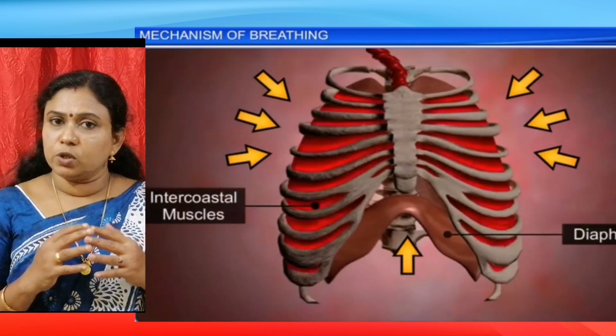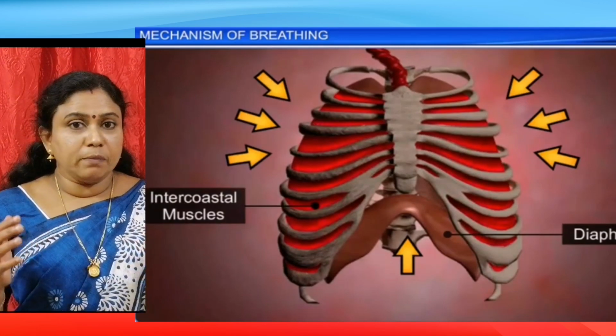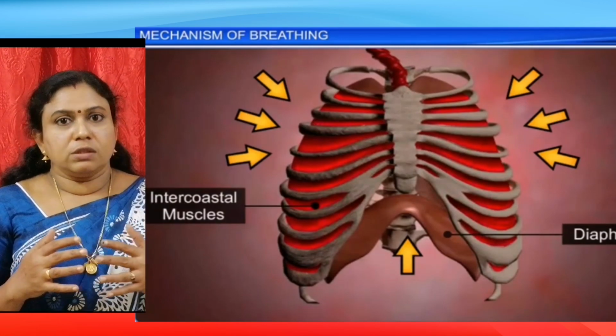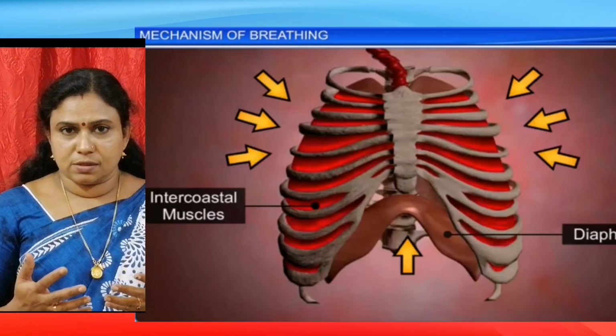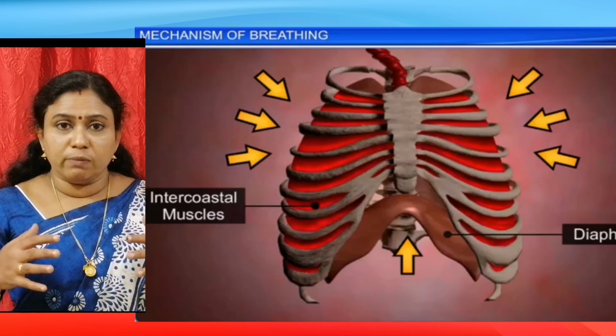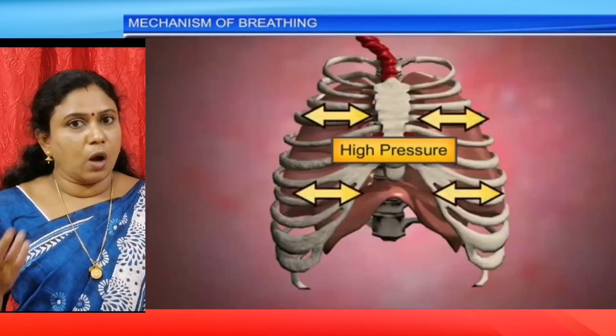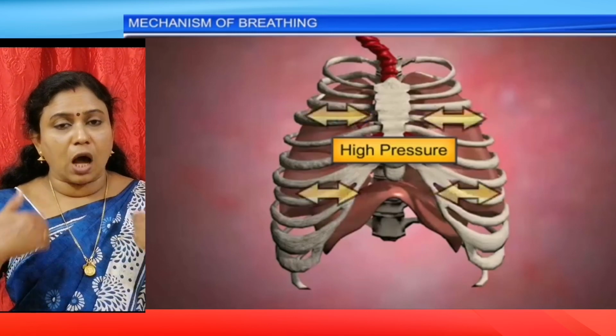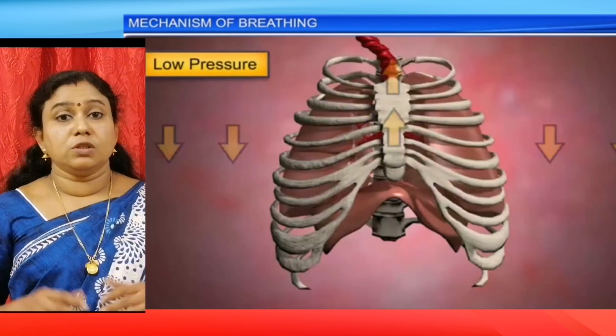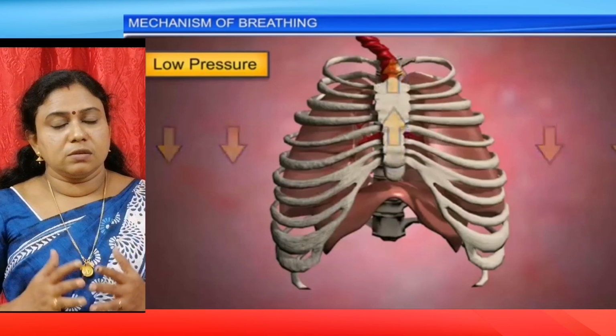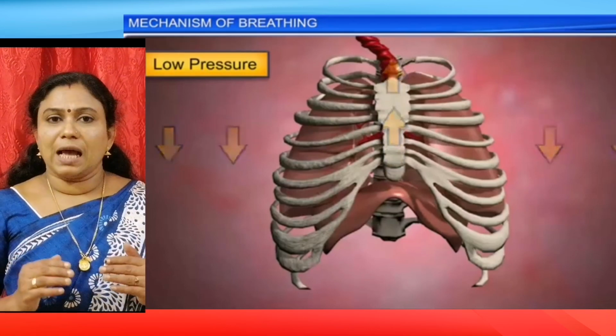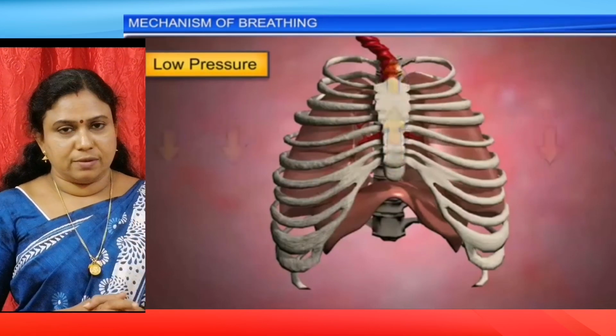The lungs also contract. Now when the volume of the lungs decreases, the air pressure increases. The air pressure inside the lungs will be more than that of the outside, and the air flows out from the lungs to the region of lesser pressure. So this is what happens during exhalation.